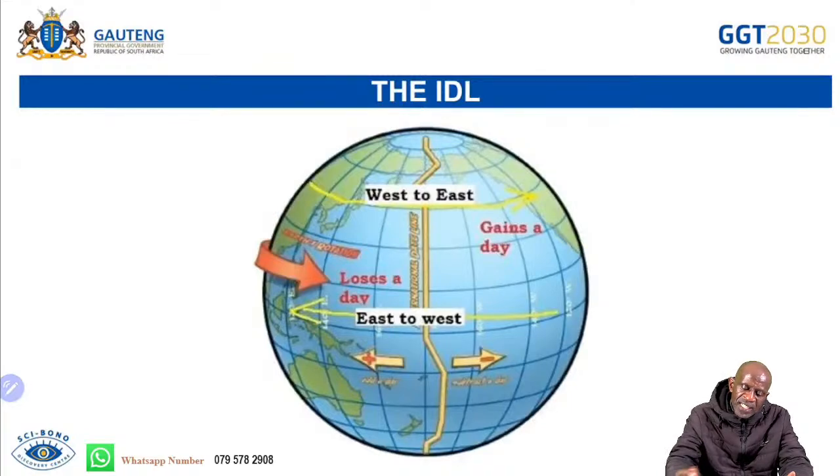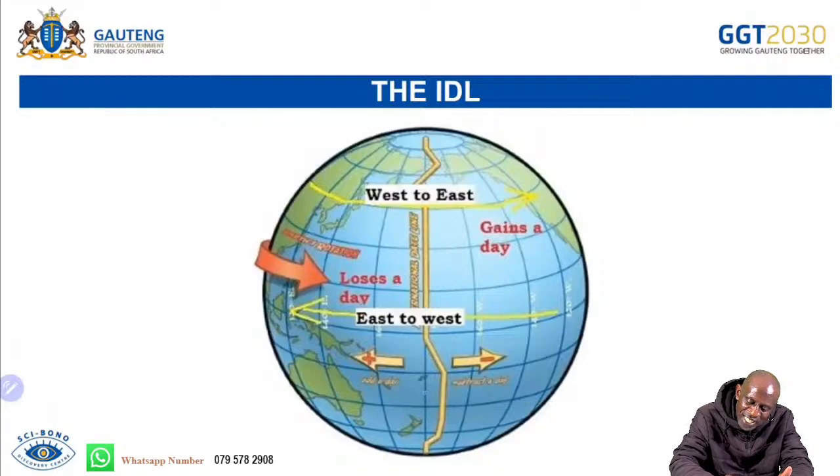As we move forward, this is the globe. It represents the IDL. As you can see here, it is not such a straight line of longitude because some of the countries, you'll find that they overlap this side. So in such instances, this line of longitude will take a bend to accommodate some of the cities in one time zone.